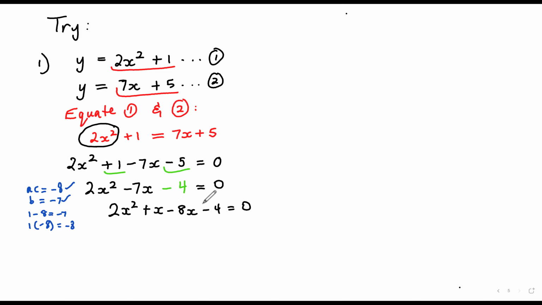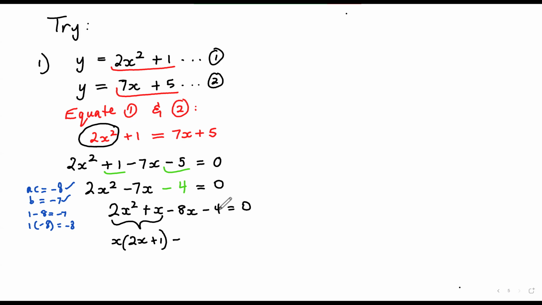And now you factorize by grouping. You factorize the first two terms and then the second two terms. The common factor between 2x squared and x is x. So x into 2x squared is 2x, and then x into x is 1. You bring down this minus sign.